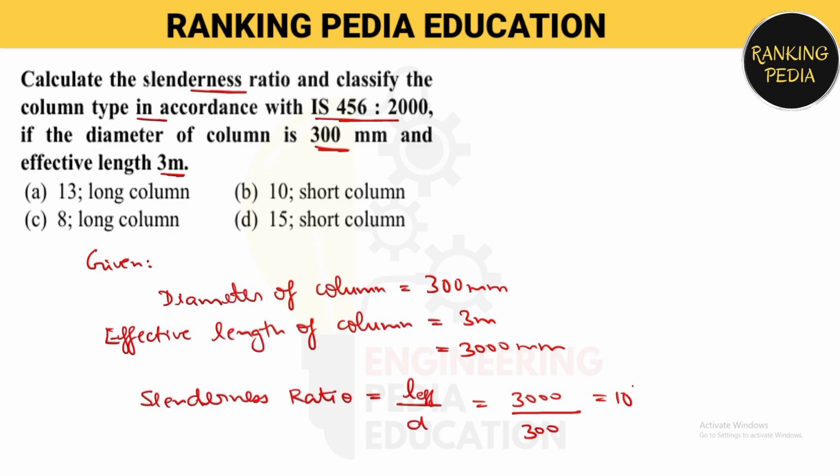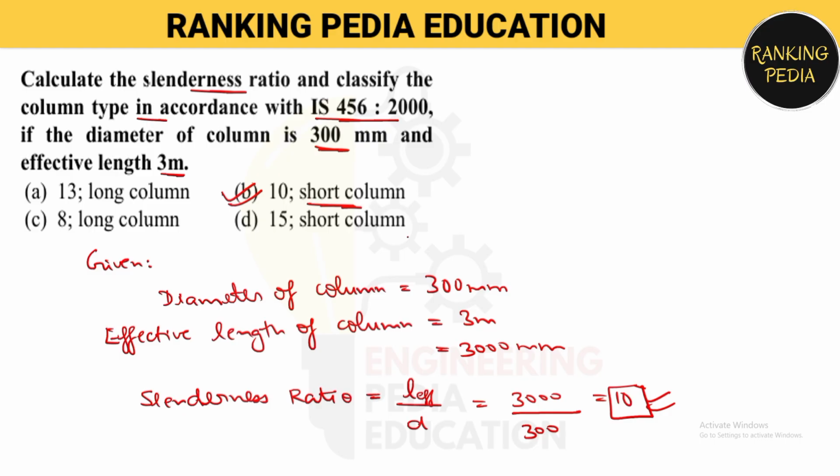Slenderness ratio is 10. Now if slenderness ratio is less than 12, then column will be short, and here the value is 10, so obviously less than 12, so we can say column is short. Option number D is correct, 10, and a short column.